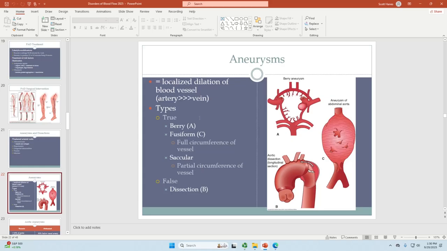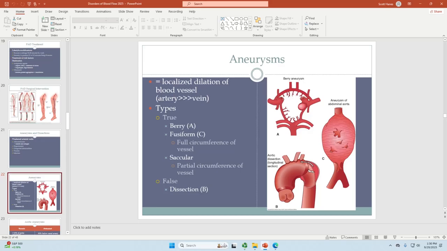So these are just some very basic types for you to refer to. They get divided into true aneurysms and then false aneurysms. I'll differentiate what that means in a second. But from the true aneurysms, basically what that means is that mostly the entire circumference of the blood vessel is abnormally weakened and dilated.